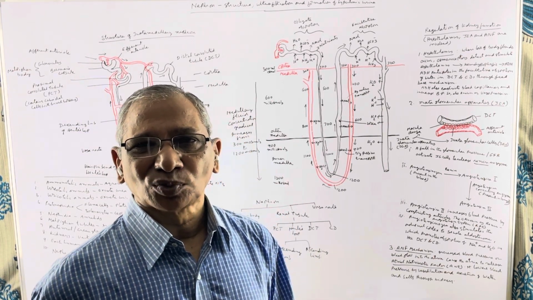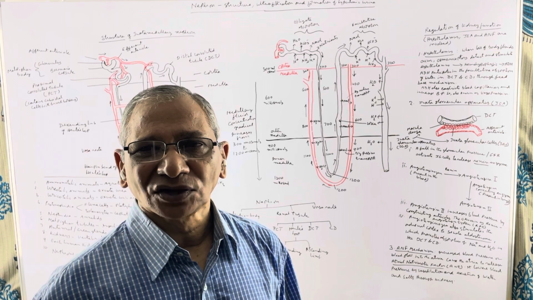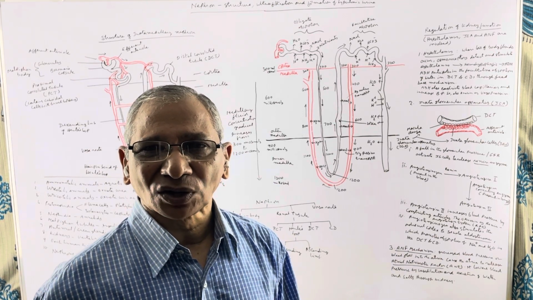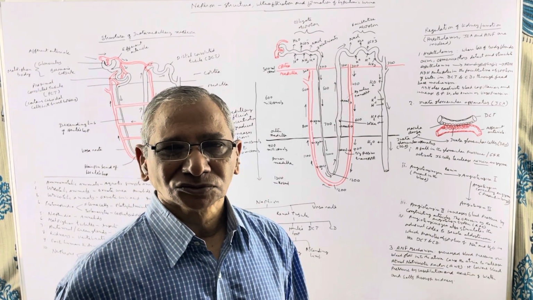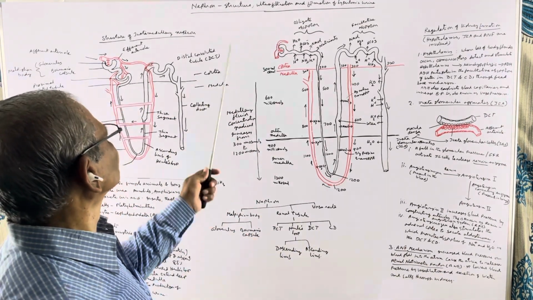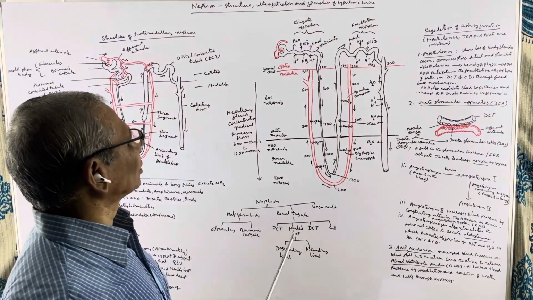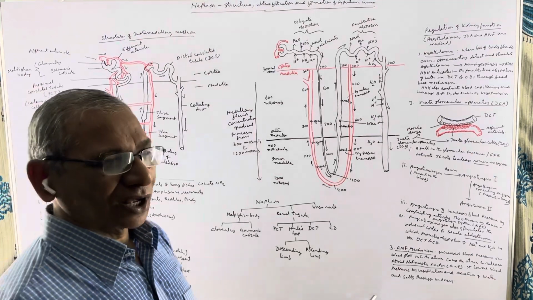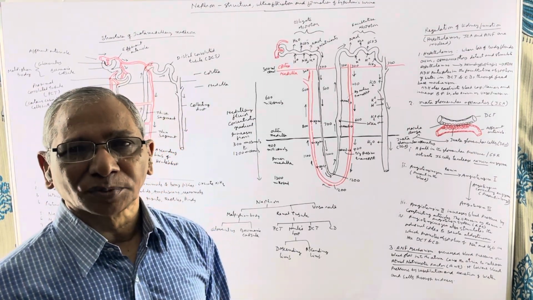Per day, we produce only 1.5 liters of hypertonic urine. So this is about the structure, ultrafiltration and formation of hypertonic urine in human beings. Thank you.